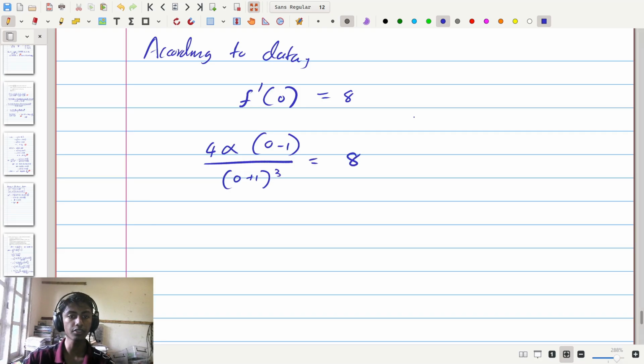And simplifying, we get 4 alpha times negative 1 divided by 1 equals 8. So we get negative 4 alpha equals 8, and dividing both sides by negative 4, we get alpha equals 8 over negative 4, which is negative 2, and therefore alpha equals negative 2.